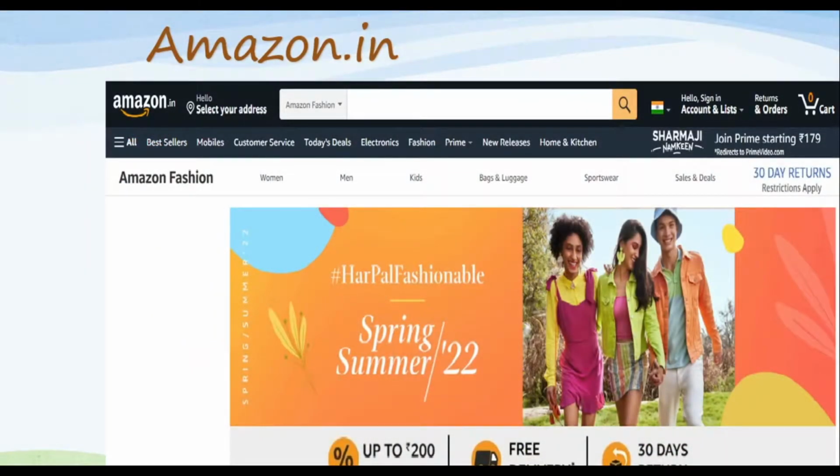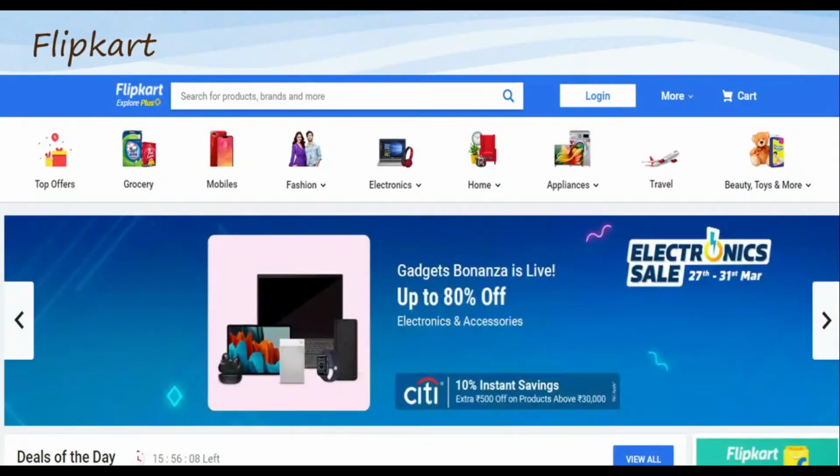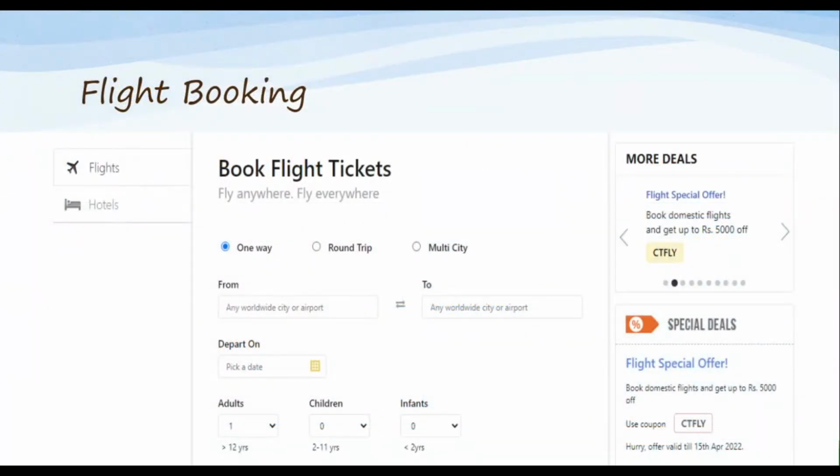So in this slide, what you can see here is an Amazon website. Moving further, you can see a Flipkart website. And moving ahead, you can see a flight reservation, book tickets, one-way, round trip, multi-city, and so on. Now you might be thinking, why am I showing you all these things?